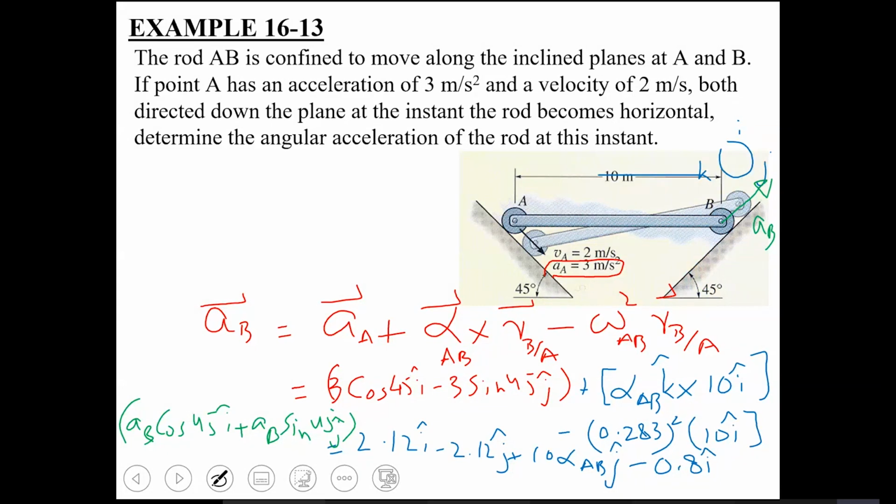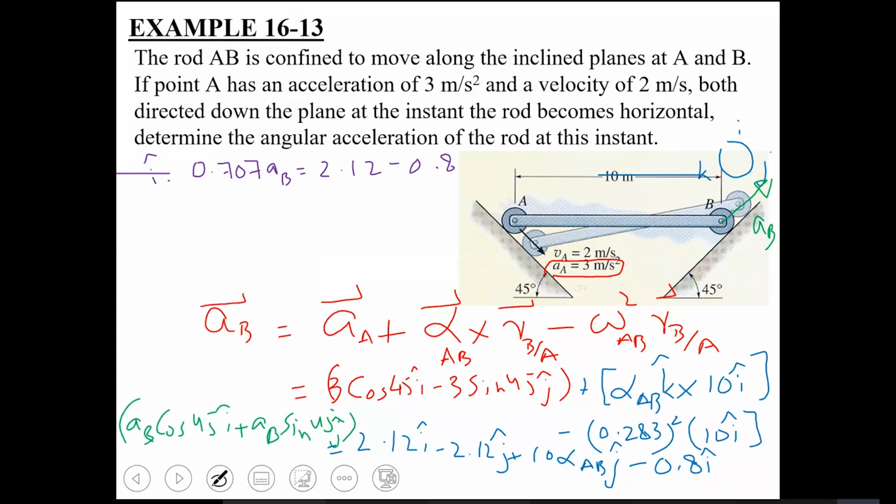Okay, now since it is a vector equation, you are going to compare the i and j coefficients on both sides of this equation. So once you are comparing the i coefficient, it means that 0.707 AB should be equal to, on the right hand side it is 2.12 और किसके साथ आई है minus 0.8. So the i coefficients equation would be like this.